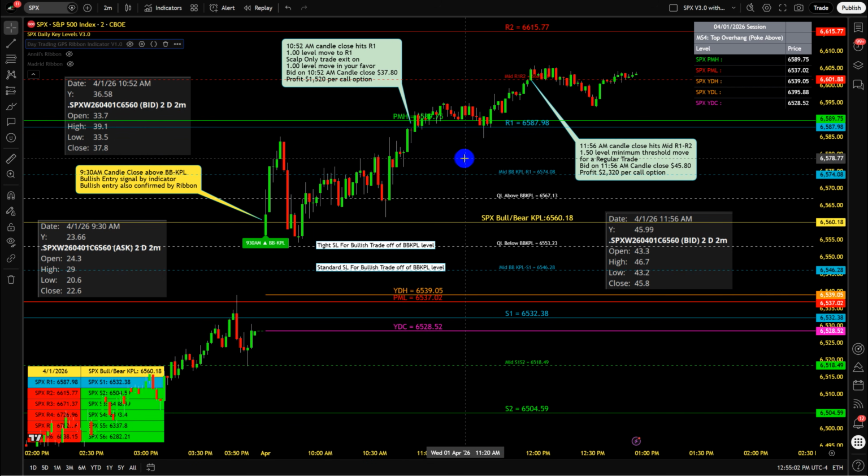Now, the second type of trade that you can do with this indicator is called a regular trade with the daily key level strategy. With a regular trade, you're looking for a minimum 1.5 level move in your favor for either exiting the trade 100% or exercising one of several other options that you have with a regular trade as opposed to a scalp.